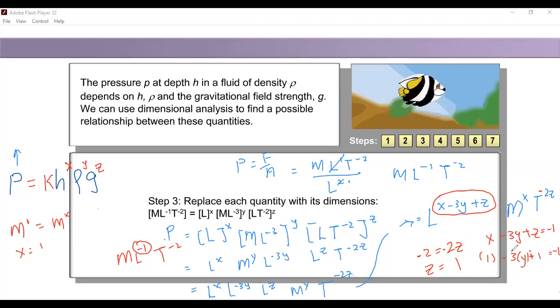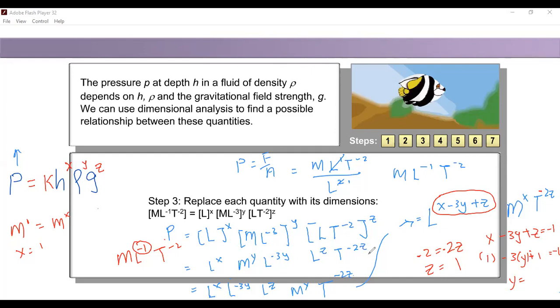Okay, once we solve all, we get that Y is equal to how much? So this one put to the other side. Okay, 1, negative 1, negative 2.